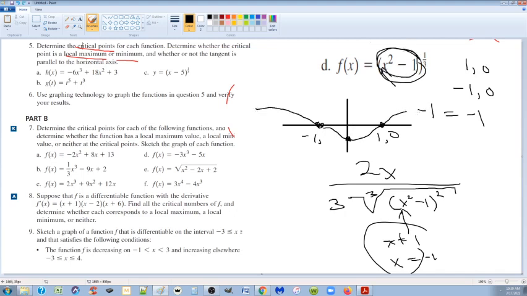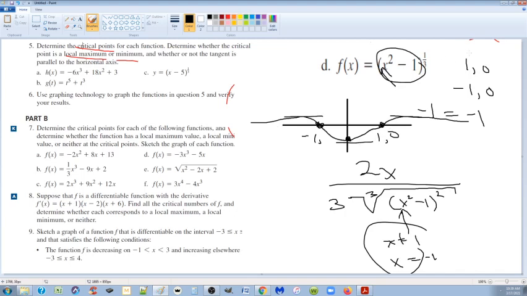As this gets huge, the cube root gets tiny. So I believe it might cross, and then just hug. So I think it might have a max there, and a min there.